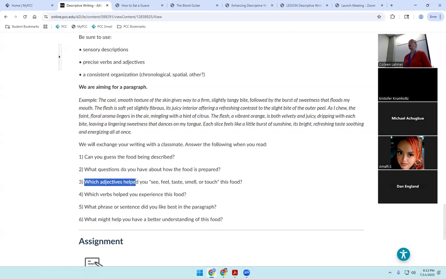Which adjectives helped you see, feel, taste, touch this food? What verbs helped you experience the food? What phrase or sentence did you like best in the paragraph? And the last one would be a critique: what else might you want to hear that would help you understand what this food was? So think about these things as people read it.